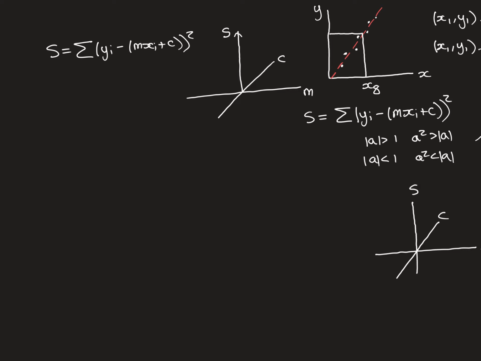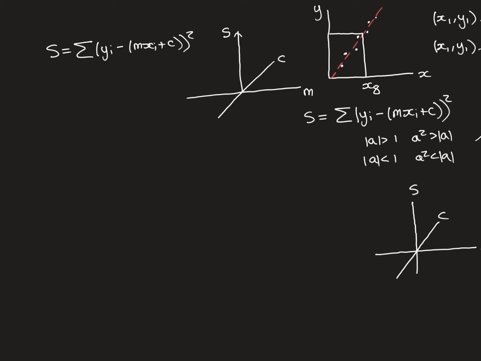The reason I've only drawn the positive part of the graph, the reason I haven't got this negative part down here, is because the value of this function is always going to be non-negative. At the very smallest, it will be 0, which is where all of these vertical differences are equal to 0. But because we're adding up loads of square numbers, it's never going to be a negative number. So whatever this surface looks like, it's always non-negative.